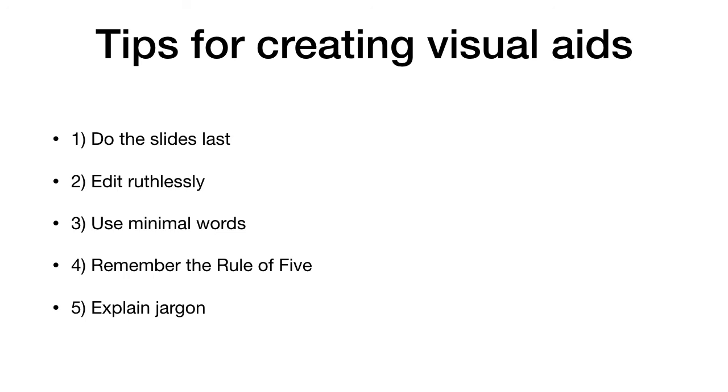Then, explain jargon. Explain jargon or any kind of technical term that you may use, and you may think that the audience may not understand what it means. Just explain the technical term that you use. And also the acronyms, like the 3-letter acronyms, for example, FYI.